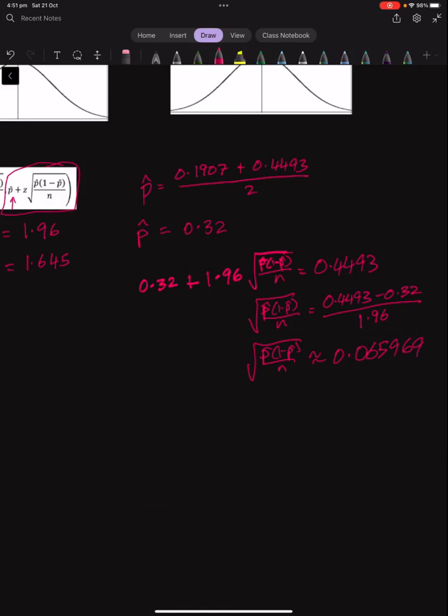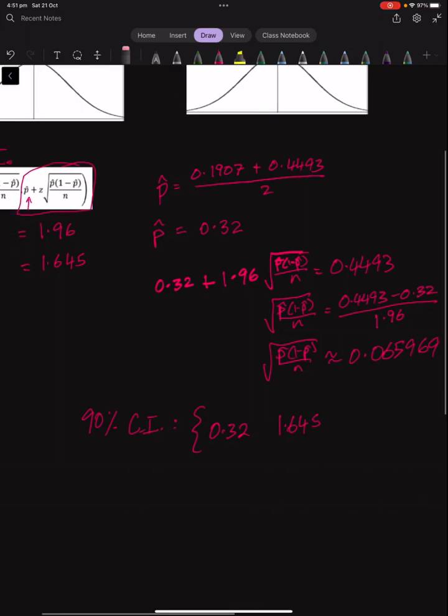So then my actual 90% confidence interval, I'm just going to use that information. So my p-hat, well, the mean is still the same. So it's going to be 0.32 plus the z-score is going to be 1.645. I needed to do minus for the first one.